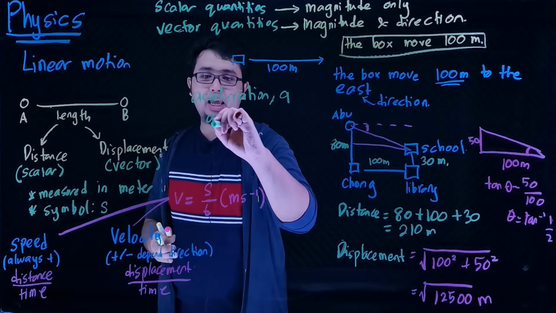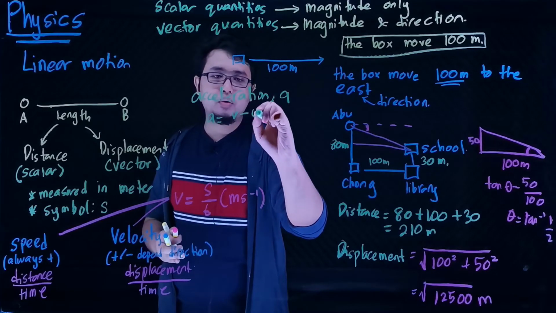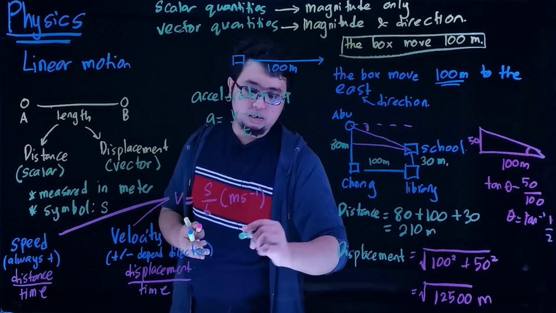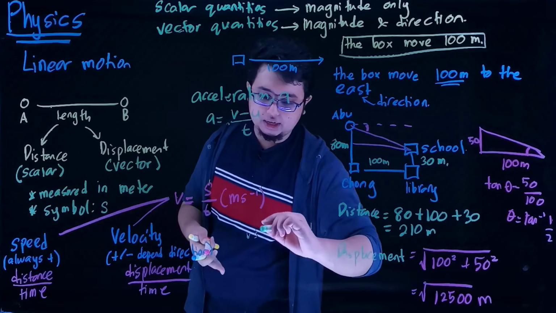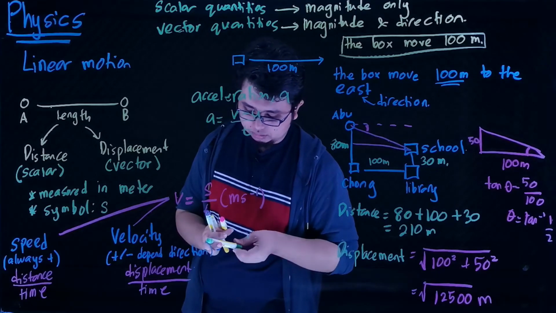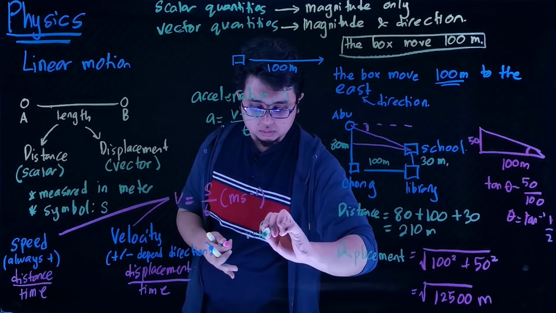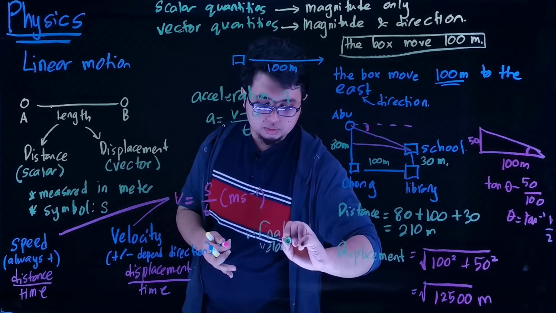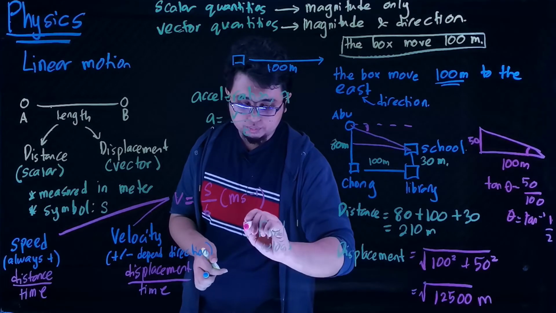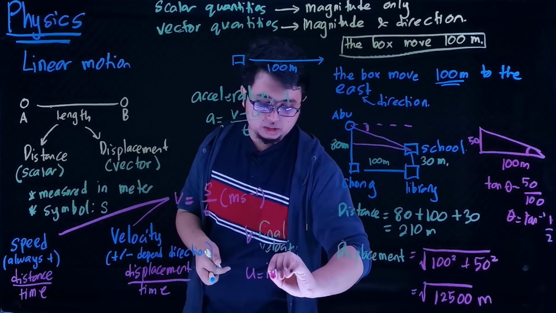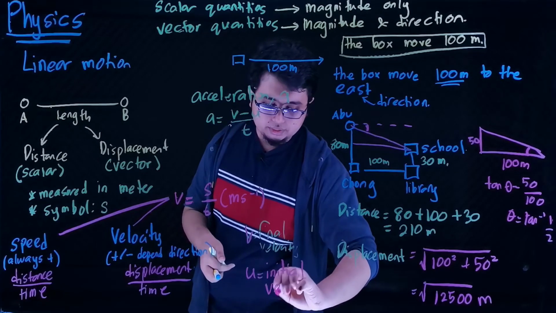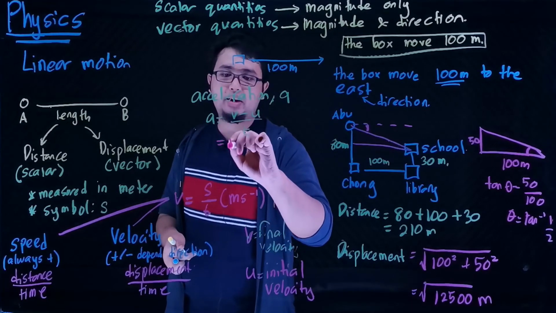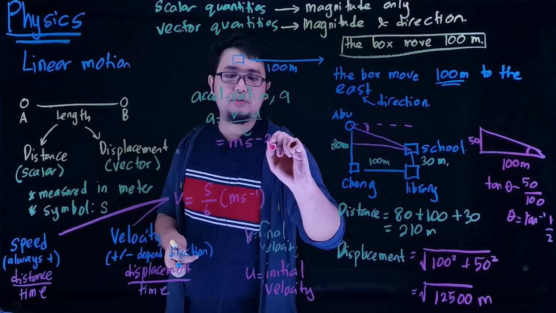So for acceleration, a equals (v minus u) over t, where v is your final velocity and u is your initial velocity, and the unit obtained for acceleration is always m s^-2.